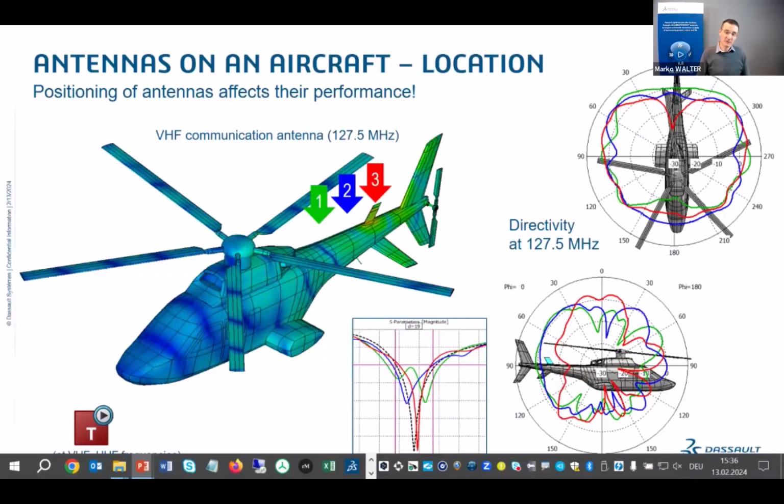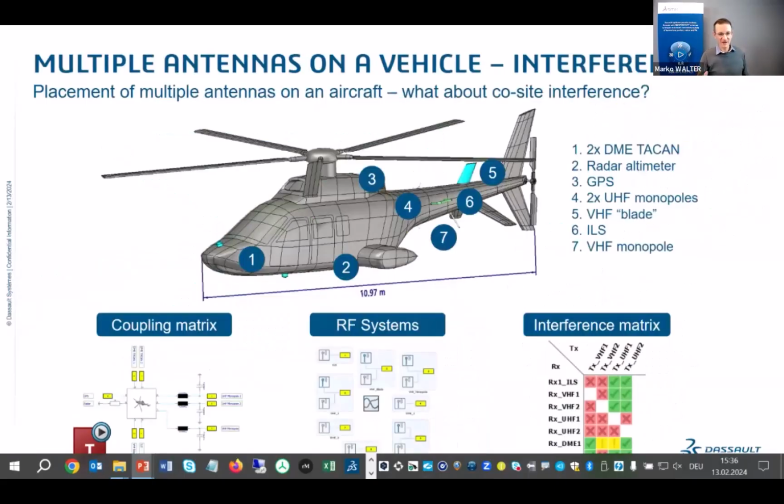And of course, we even have the matching bandwidth, which reduces because we're moving the antenna closer to the tail fin. So the point is understanding how the position of an antenna in its larger environment influences its performance allows you to make decisions about how to place it.